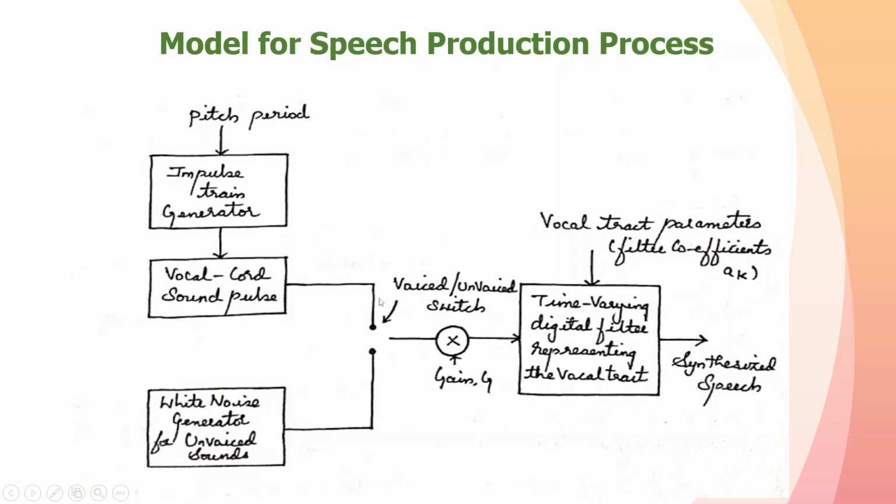And if the vocal cords are excited with white noise, then an unvoiced signal will be generated and it gets amplified, and then it comes through the vocal tract, and through our mouth we speak. So this is the model for the speech production process. Based upon this human speech production process, the LPC works.